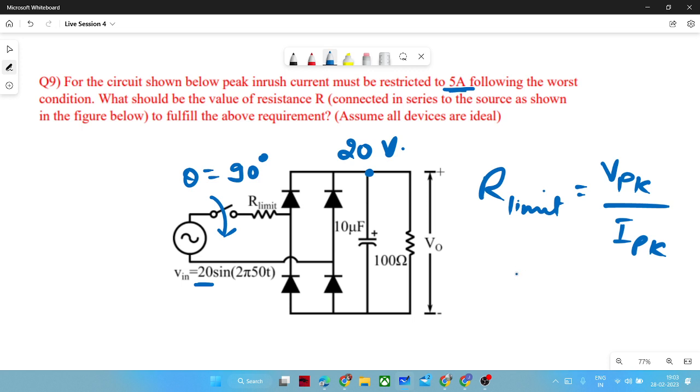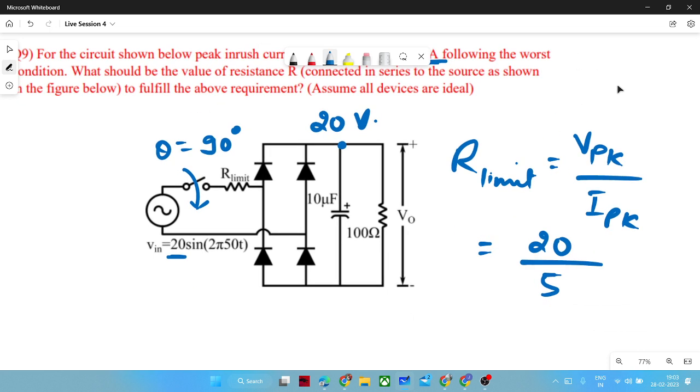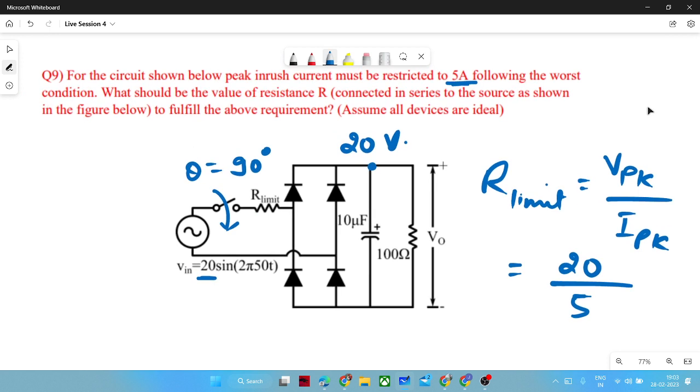If you have the limit of 5 ampere, your peak voltage is 20. In the worst case scenario we are assuming 20 volt, and your limit of inrush current is 5 ampere. You want to protect up to 5 ampere. After that, you are not bothered. You are asked to design for an inrush current of 5 ampere.